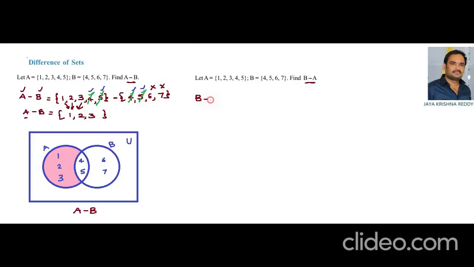So B minus A equals, so here you have the set B at first. So you have to write the elements from set B, 4, 5, 6 and 7, and next the minus symbol, and next you have set A. So write the elements from set A, 1, 2, 3, 4 and 5. So B minus A equals, first you have to cancel the common elements from both the sets.